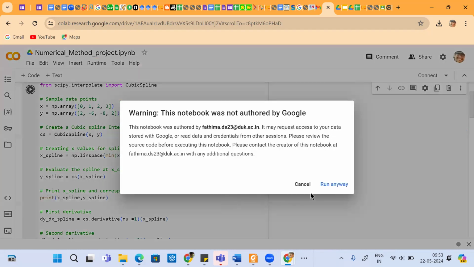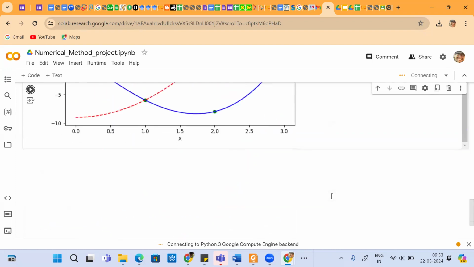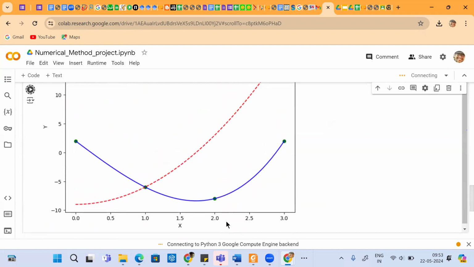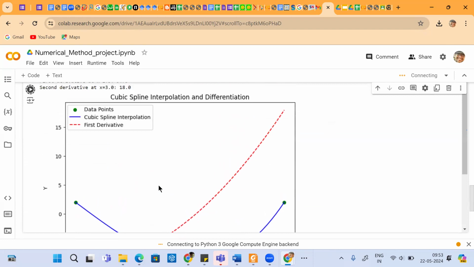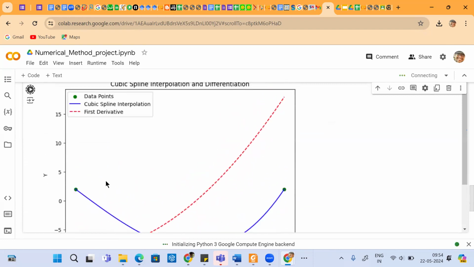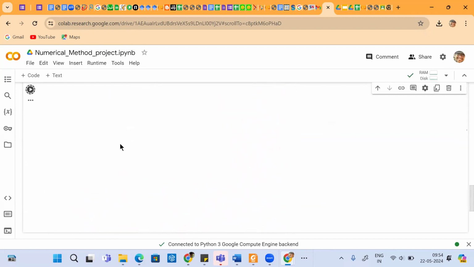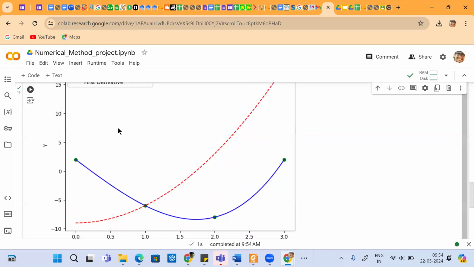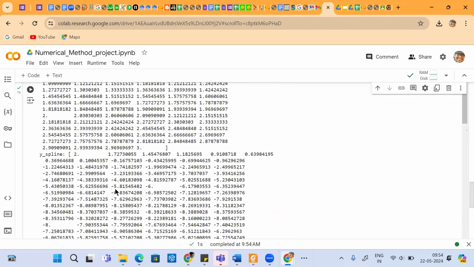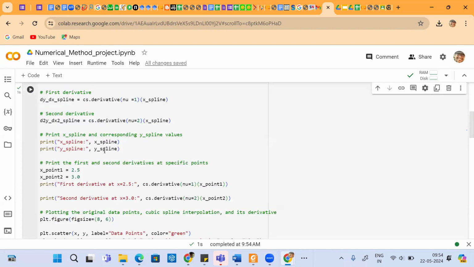So the graph will look like this. This is the smooth curve that we get. The green points are the data points, and this blue line is the cubic spline interpolation curve that we get here. This is the way to find the cubic spline interpolation.